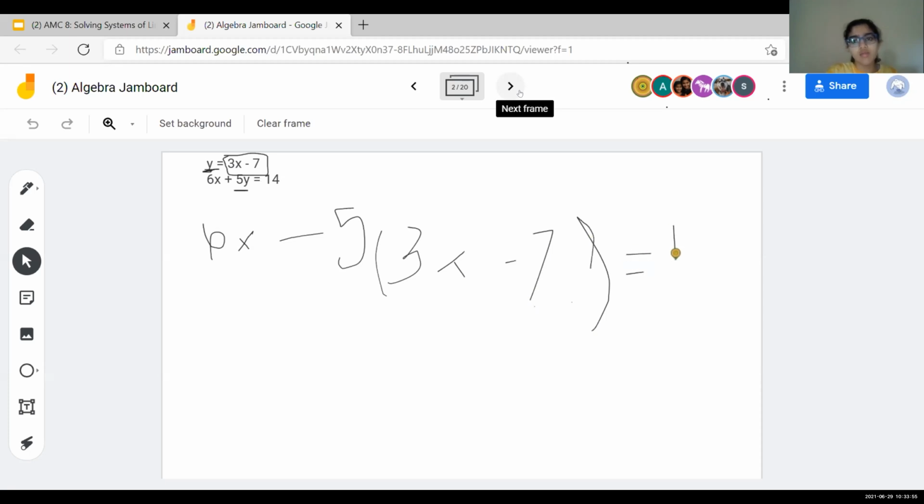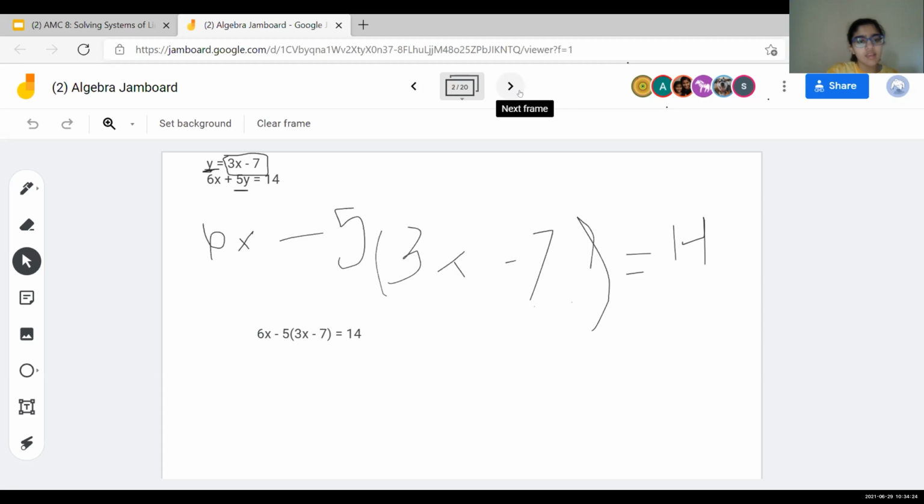We now have this equation set up, and I'm going to type it to make it neater: 6x plus 5 times 3x minus 7 is equal to 14. You can see that equation, right? Now we can open this up, multiplying the 5 out by everything in the parentheses, and then simplify.